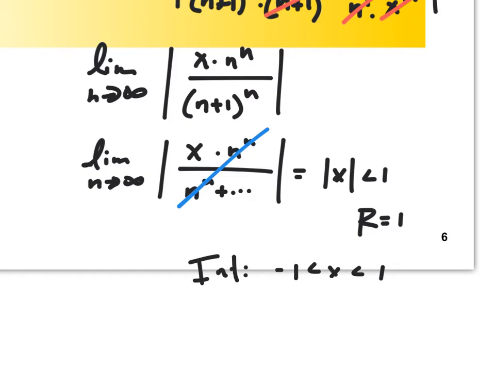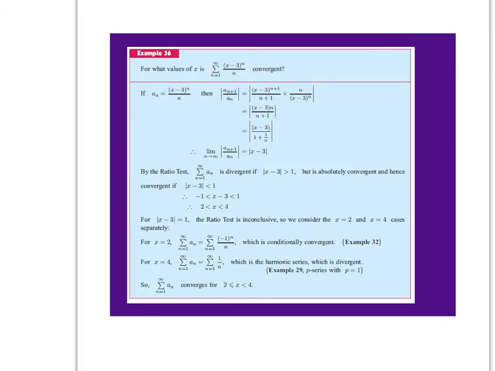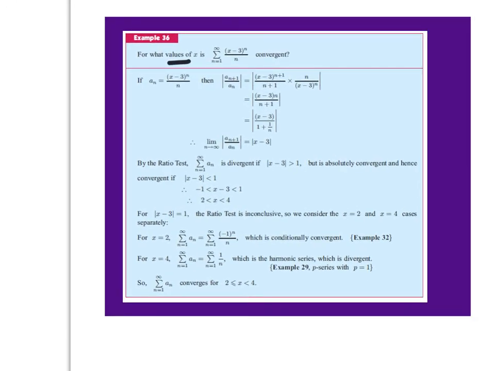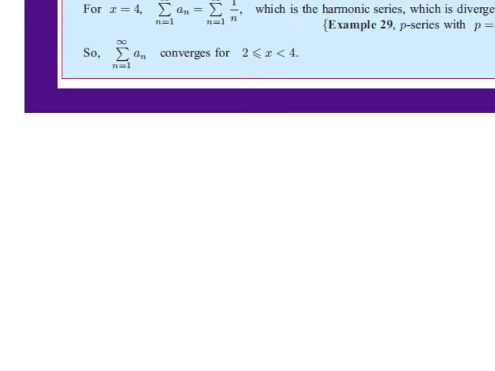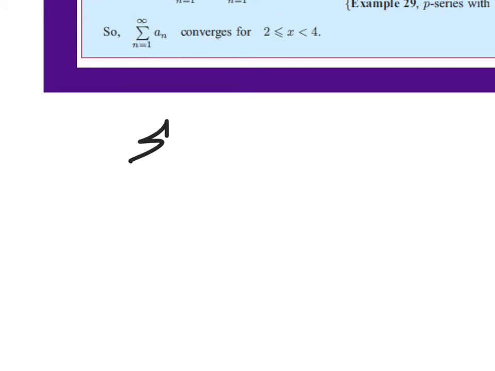So let's get on to finding the interval of convergence. Okay, here's an example. For what values of x is this convergent? When it says for what values, that's asking for the interval. Okay, I'm going to scroll down here and do this one without looking at all this other stuff. So the summation from n equals 1 to infinity of (x minus 3) to the n over n.